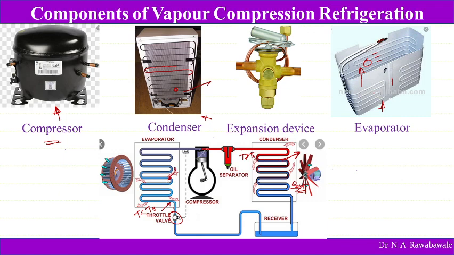So this temperature is reduced in such a way that the temperature of the refrigerant is below the temperature of the space. So there is an affinity of this refrigerant to absorb heat, and that heat energy is taken by this refrigerant, and the refrigerant gets evaporated, thereby producing the cooling effect. So now we will discuss it in detail.